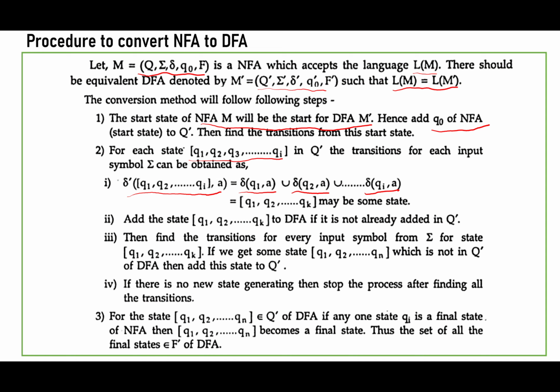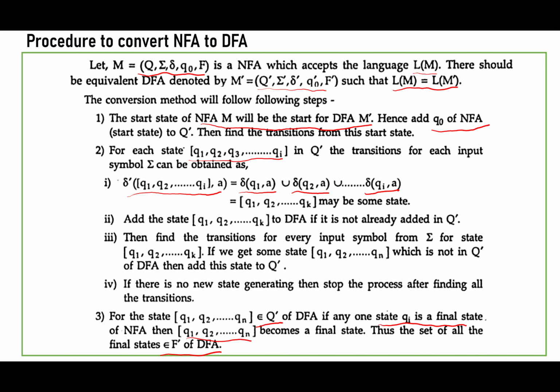If there is no new state generation, then we stop the process after finding all the transitions. Then for a state Q1, Q2 up to Qn belonging to Q dash of the DFA, if any one state Qi is a final state of the NFA, then Q1, Q2 up to Qn becomes a final state. Thus the set of all the final states belongs to F dash of the DFA.